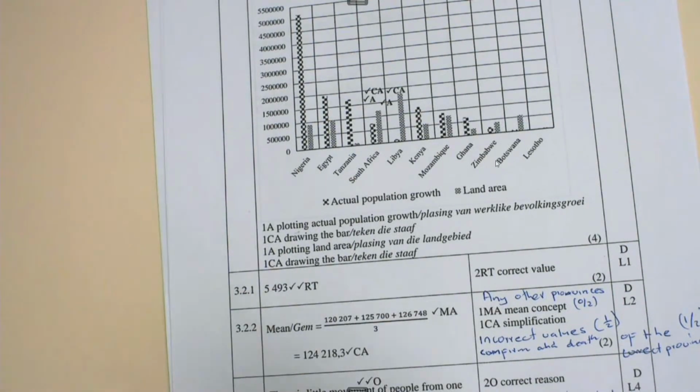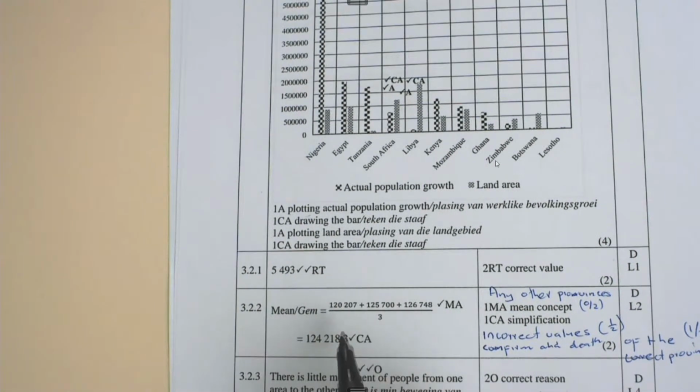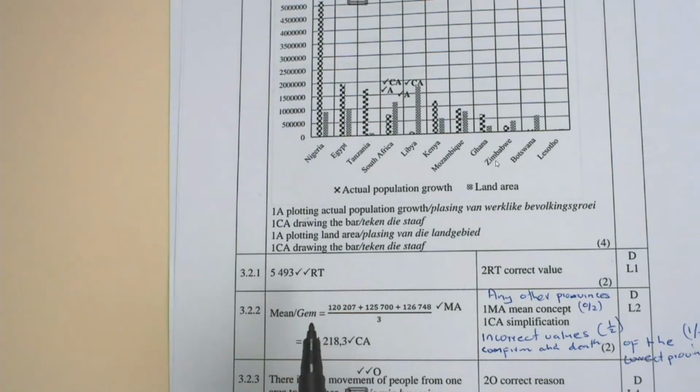So if the learner used the correct values for those 3 provinces, using the recoveries value, the learner will have that calculation divided by 3, and the learner will get 124,218.3. You see A, and M method with accuracy there, the first calculation, it says MA, mean concept, and 1 CA for simplification.